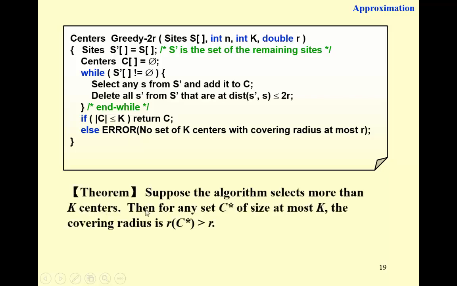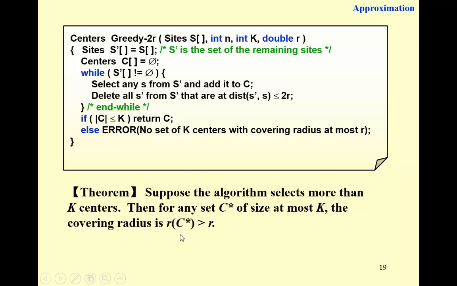And we have a theorem saying that suppose that the algorithm selects more than K centers, then for any set of sides at most K, the covering radius must be greater than R. And the proof of this theorem is quite simple, just by contradiction.